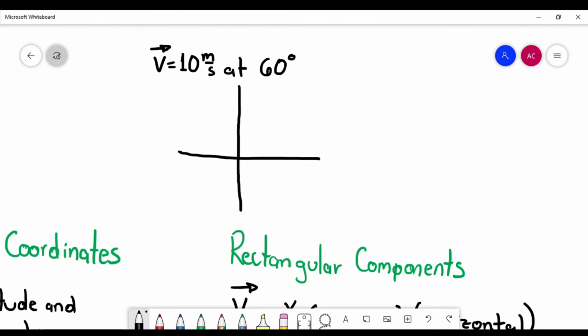And I'm not gonna fill it with all the information. I'm just gonna say that this is X and this is Y. This is 0 degrees. This is 90 degrees. Sorry. And this is 180 degrees.